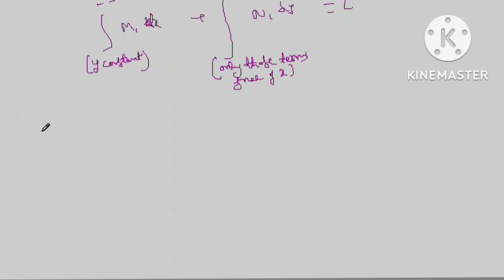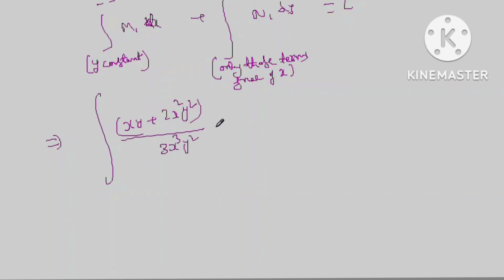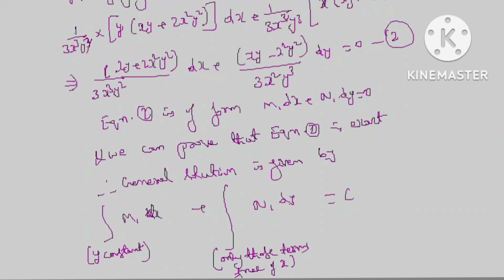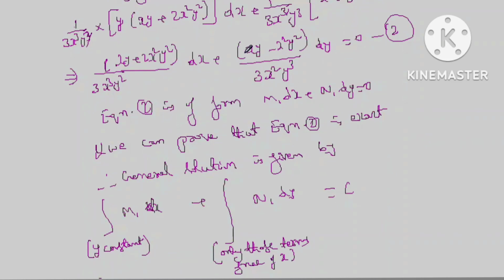So this implies integral xy plus 2x square y square by 3x cube y square dx, y constant, plus, now in n1 we should get only those terms which are independent of x. When you write this as two separate terms, only one x gets cancelled out, so in the denominator you have one more x, so this first term is not independent of x.